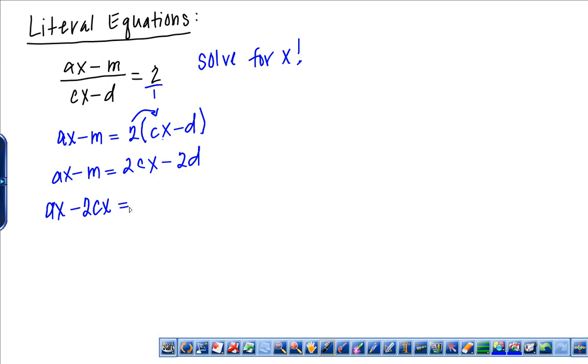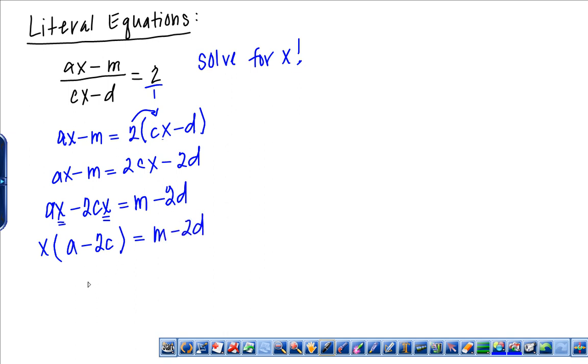Moving the m to the right side, I have m minus 2d. Now this is where some people mess up here. I need the x alone, so I'm going to factor it out. That gives me a minus 2c. I have m minus 2d on the right side.